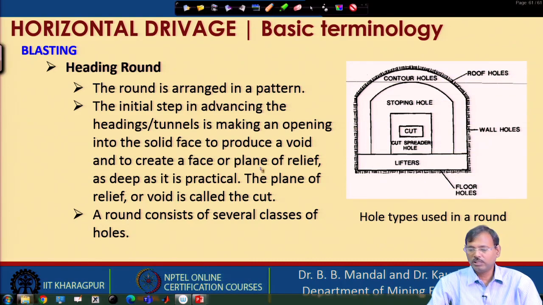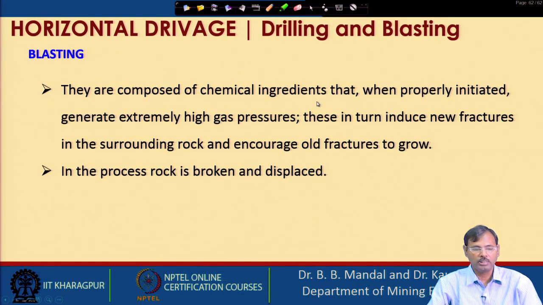In fact, all these are available in the drilling and blasting technology course of NPTEL. This is called cut area, this is cut spreader area, this is topping area, and these are the contour areas: this is roof contour, this is floor contour, this is wall contour. We are not going into the details of blasting, because that is already covered in the drilling and blasting technology course.